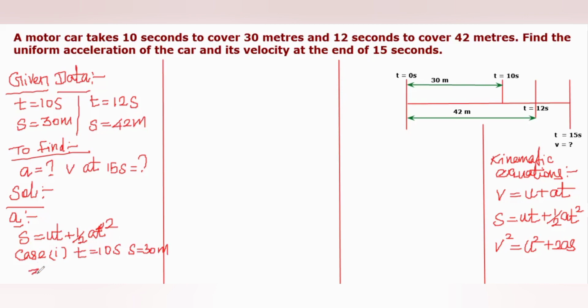We can write 30 equal 10u plus 1 by 2 a multiplied with 10 square, that is 10 multiplied with 10.